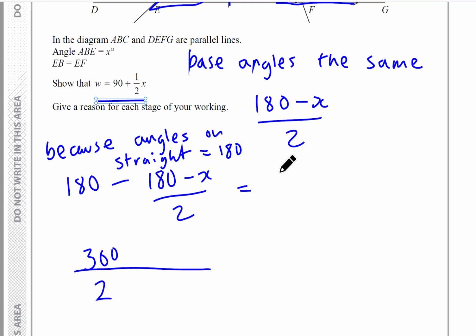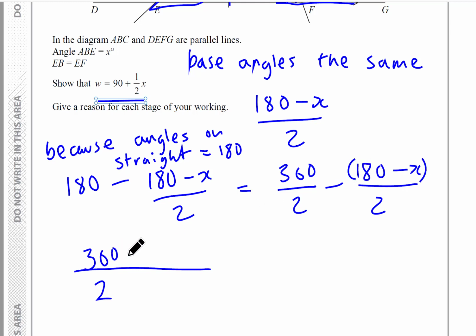Actually, I'm going to write this here so you can see what I'm doing. That's going to be 360 over 2 minus (180 minus x) over 2. Now remember that's in a bracket there, so you've got 360 minus 180, and you're minusing the whole thing, so put it in a bracket, and a minus becomes a plus here. So we've got the plus x, you can see it's coming along nicely.